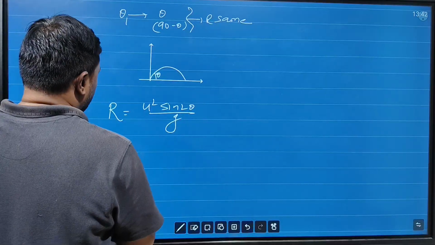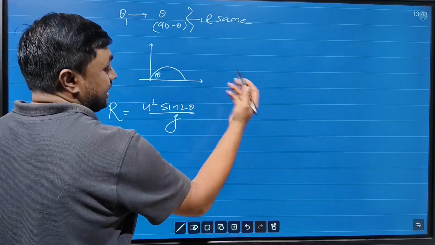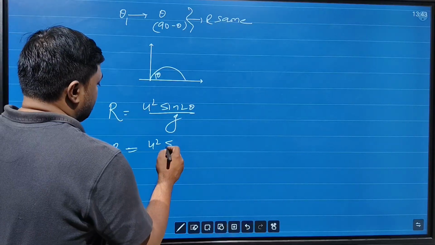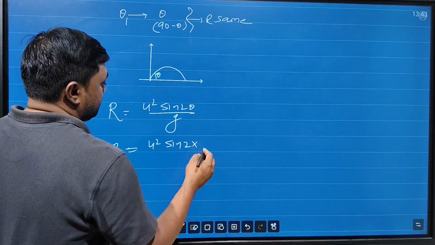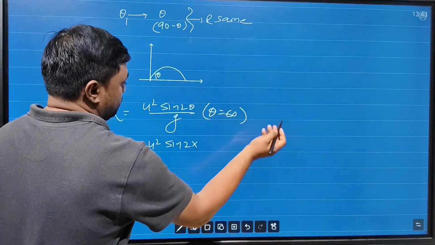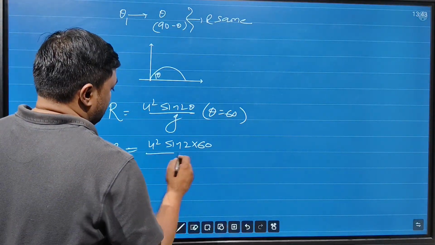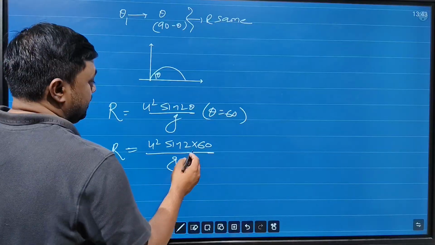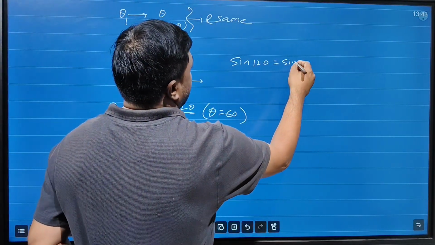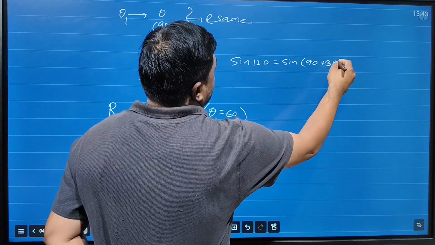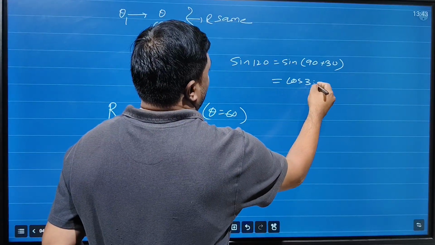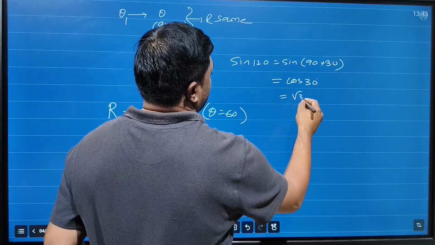Let's say theta is 60 degrees. So u square sin 2 theta by g gives sin 120. How much do we get? Sin 120 is sin of 90 plus 30, which is cos 30, and cos 30 is root 3 by 2.